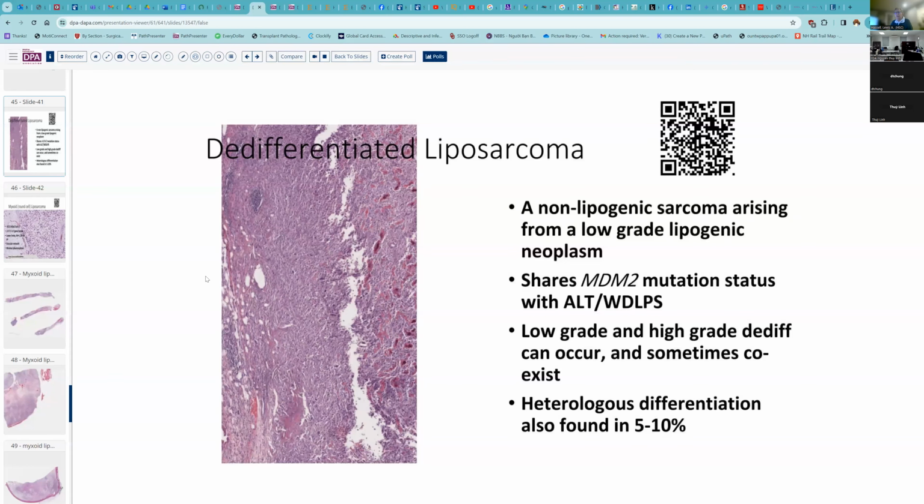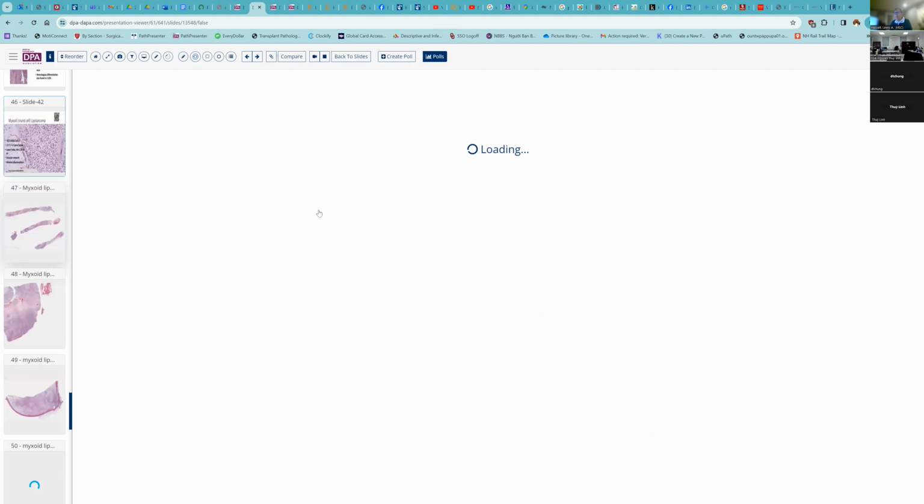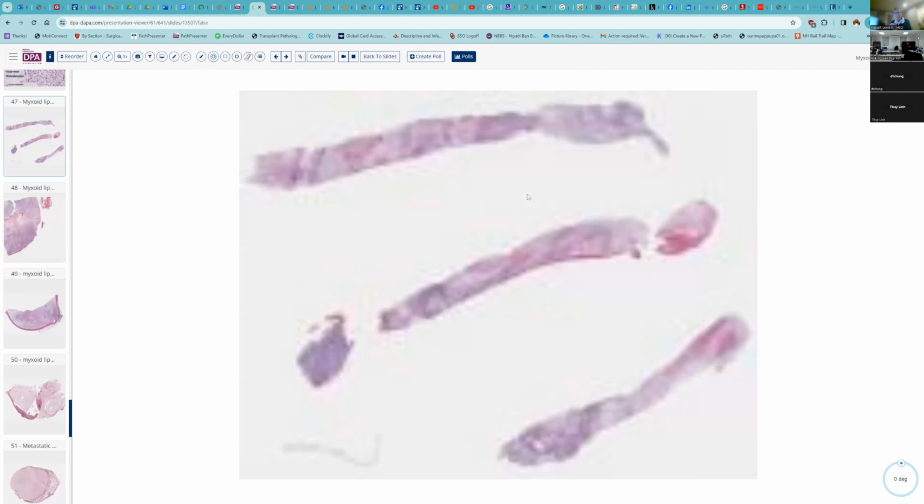So let's contrast this and look at myxoid liposarcoma as well, because that, I think, is an important consideration. Myxoid liposarcoma is also the same tumor as what was previously called round cell sarcoma.